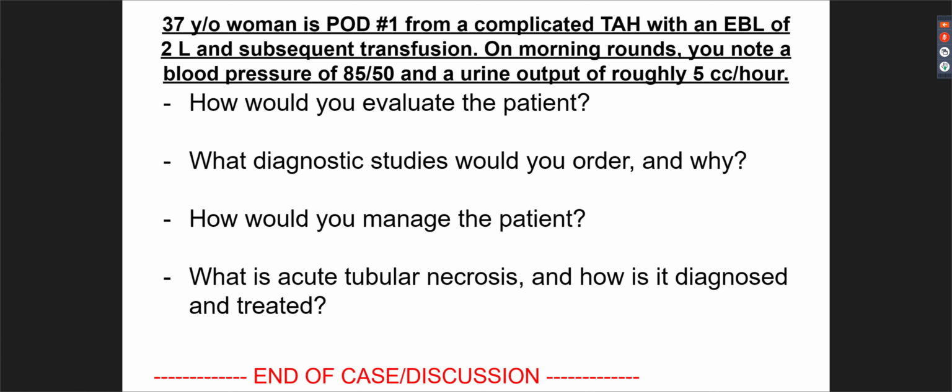Right, but that's what they want. That's what they want you to do, or see, or discuss. Again, if your thought process on answering the question to your evaluation, the diagnostic studies and all that is correct, you're not going to get dinged because you didn't know the zebra or the fourth question or the fifth question. So don't think you didn't have that as part of your quote unquote differential, because I didn't ask you for a specific differential.